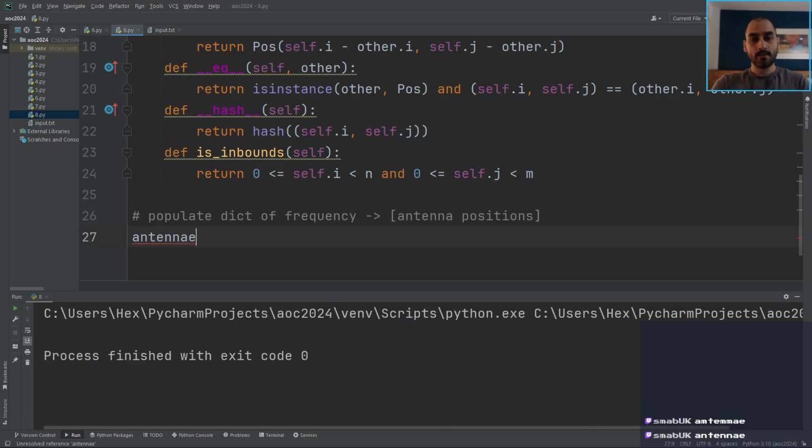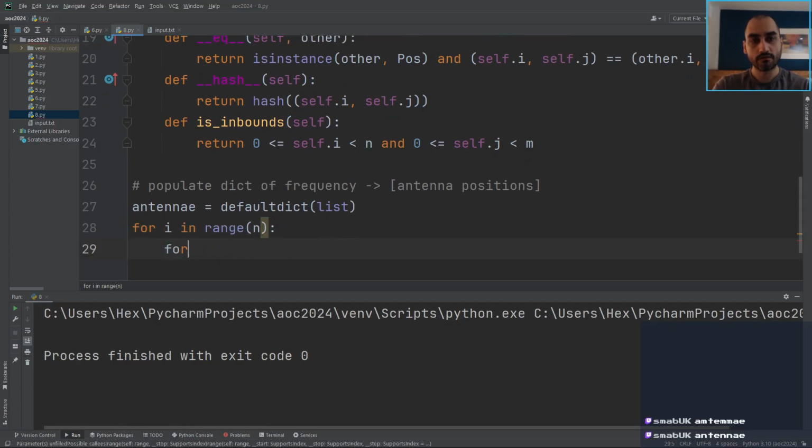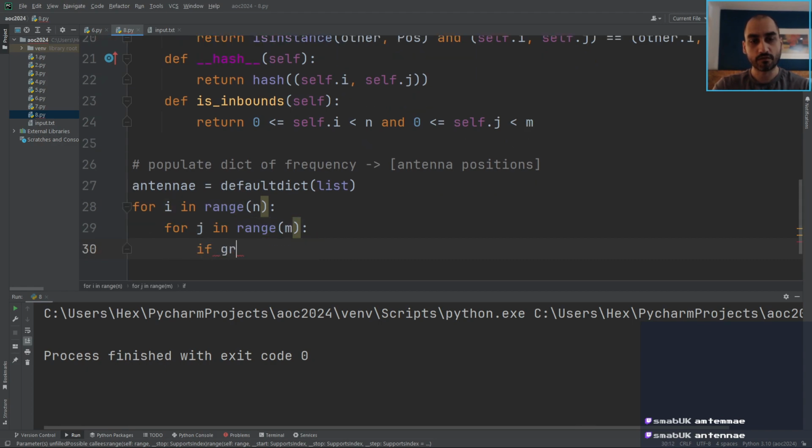Antennae equals default dict list, for i in range n, for j in range m, if grid ij is not equal to dot.